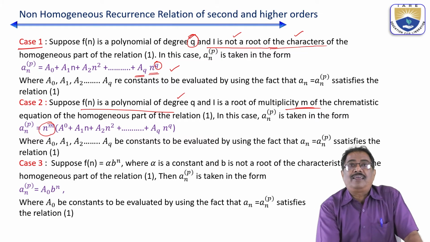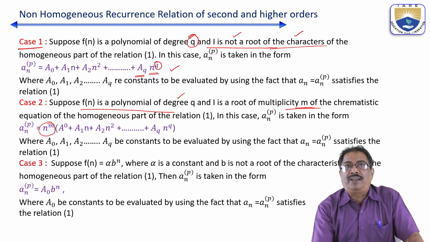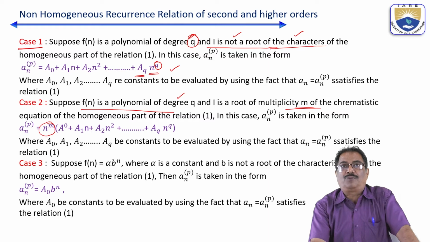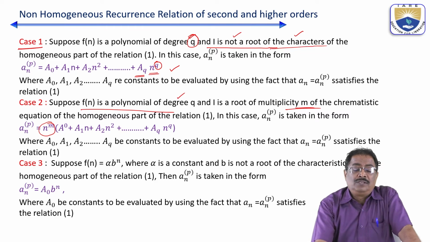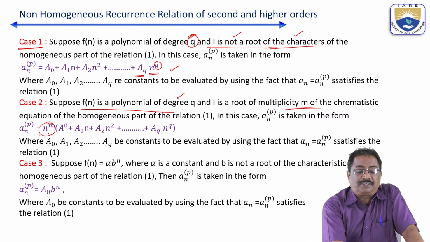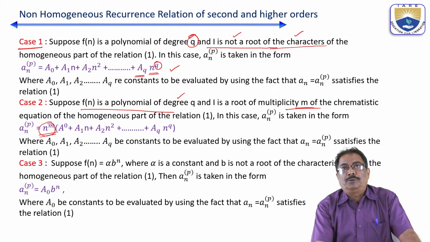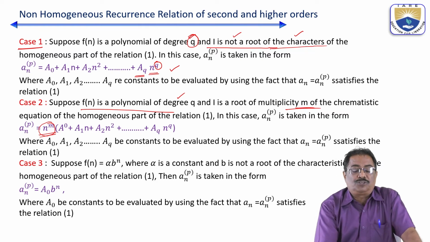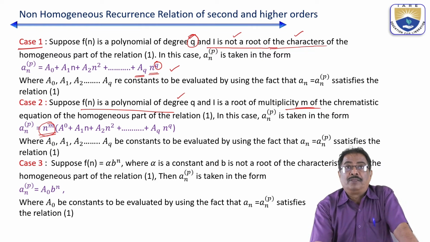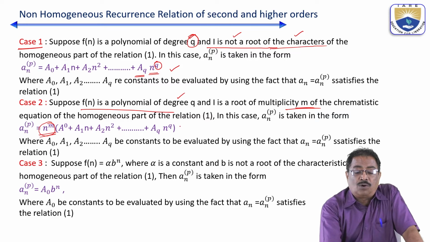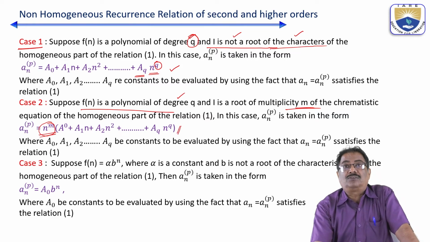Suppose we do not do this, what happens? The assumed form will be satisfied by the homogeneous solution and it is not possible to calculate the values of a0, a1, a2 and so on, aq. So it is a must to multiply the assumed particular solution by n to the power of m and consider the whole expression as the particular solution.